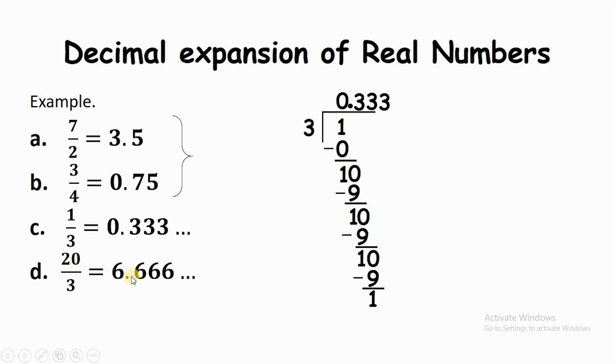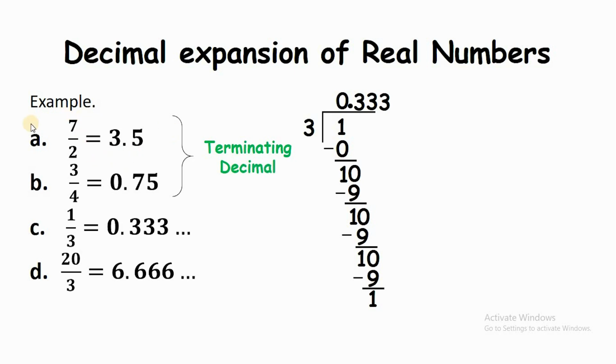When you express it in the decimal form, you will get 6.666666, and it will not terminate. So in the first two cases, the decimal expansions are terminating, because at the end the remainders become 0. Therefore, these decimal expansions are called terminating decimal expansions.